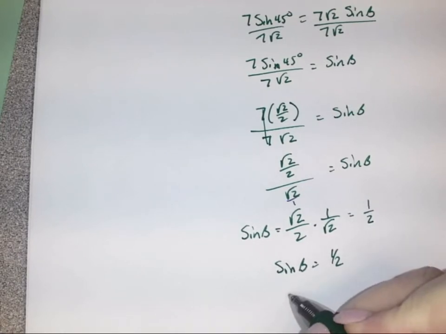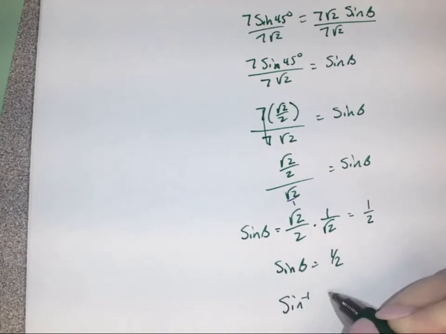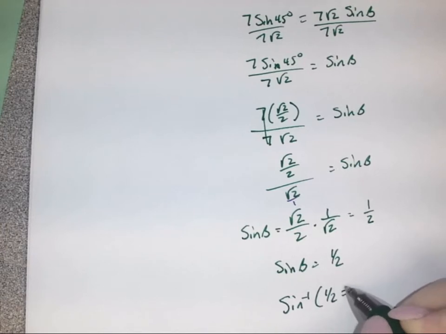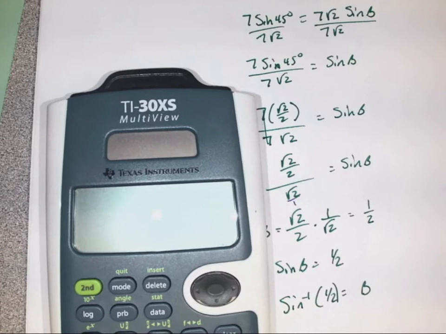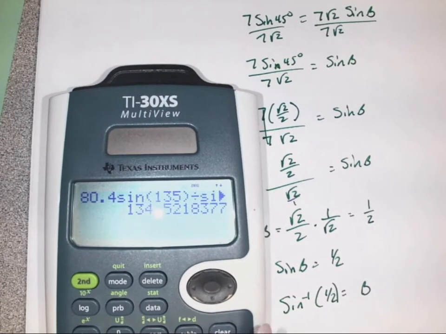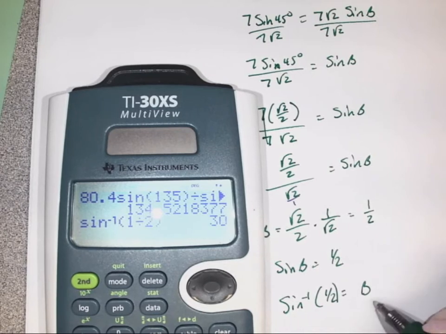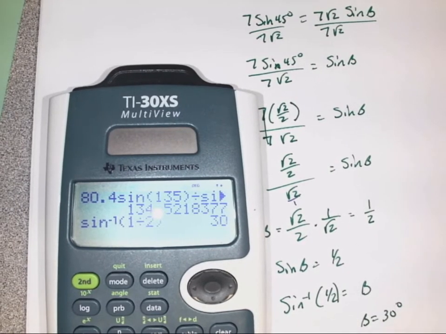So we actually have to find the inverse. So sine inverse of 1/2 would be equal to our B. And if we put that in our calculator, we'll do second sine inverse of 1 divided by 2, and we get 30. So our B is equal to 30 degrees.